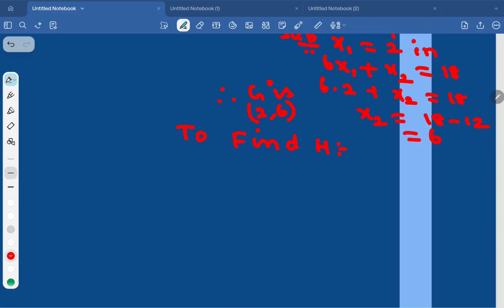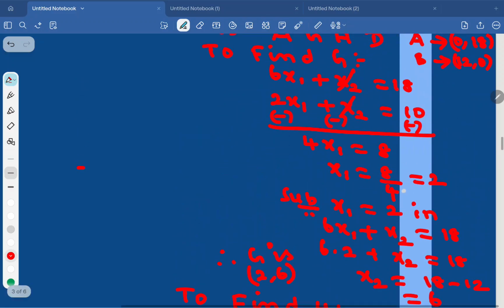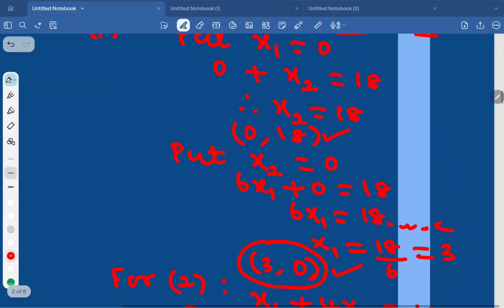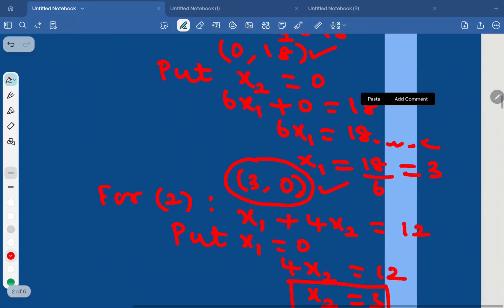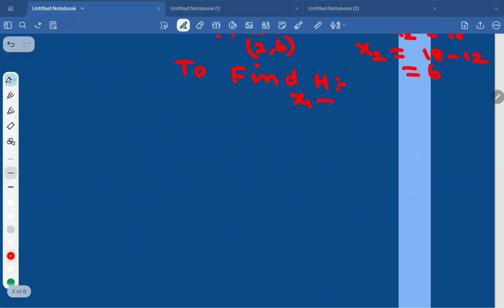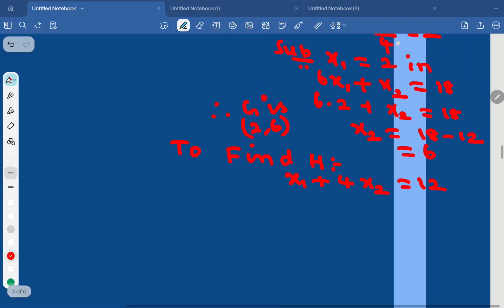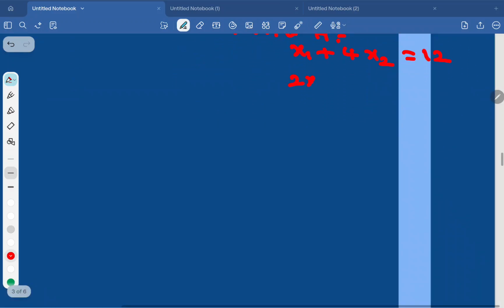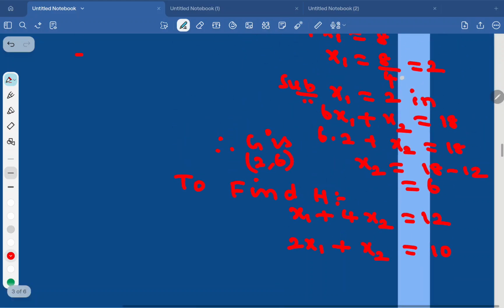Now, to find H. For H, solve the second and third equation. What is the second equation? x1 plus 4x2 equal to 12. What is the third? 2x1 plus x2 equal to 10.